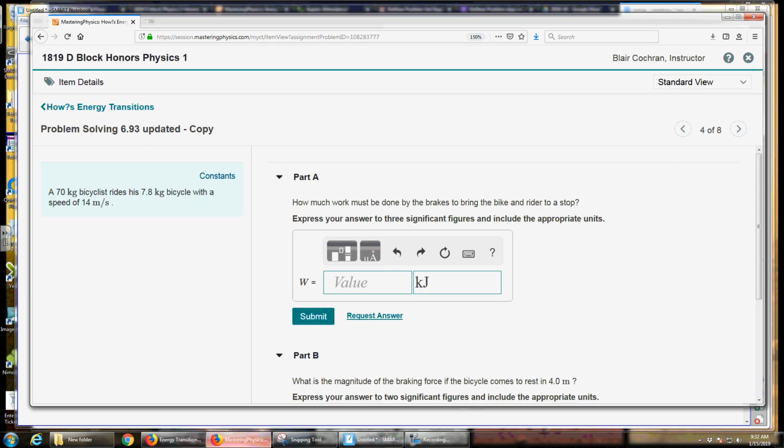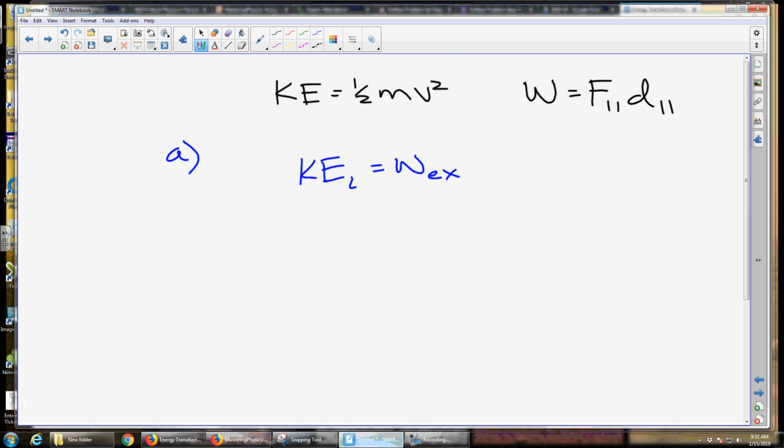Alright, so I've got the mass. Now be careful, the mass is the mass of the bicyclist and the bike, right? And so I'm just putting in here, this would be 1/2 the mass of the bicyclist and the bike, which for me is 77.8.